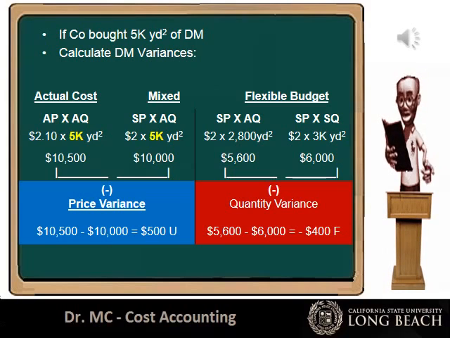However, the calculation of the material price variance has changed. Now the actual quantity is 5,000 square yards of materials in the left and middle columns. As you can see, you have two different middle columns. The column that you use depends on which variance you are calculating. The materials price variance is now $500 unfavorable.